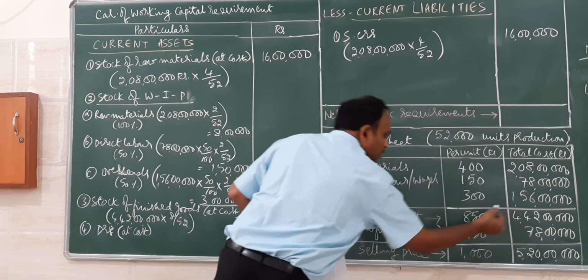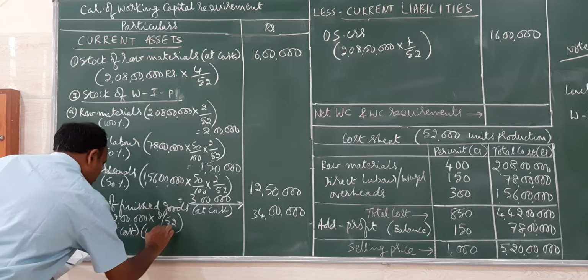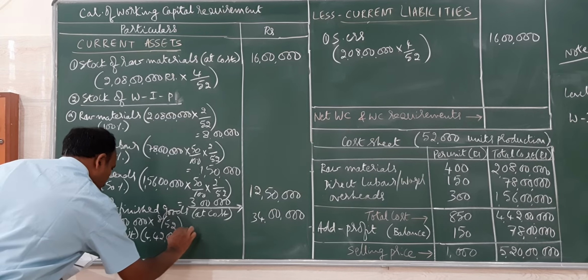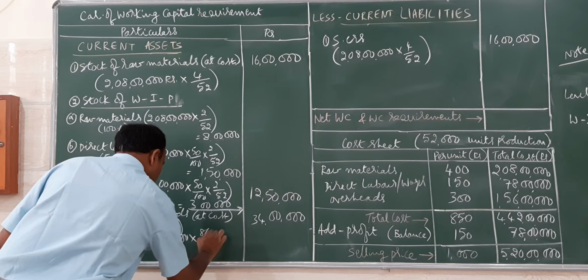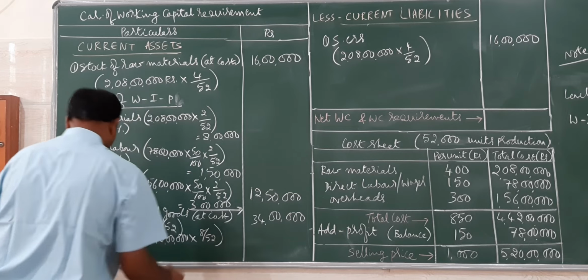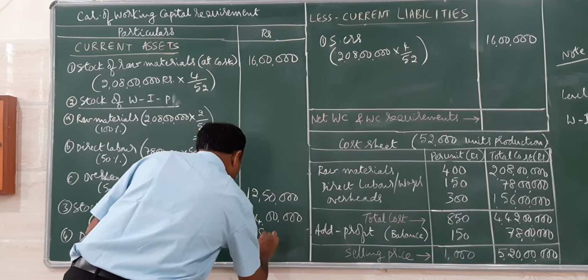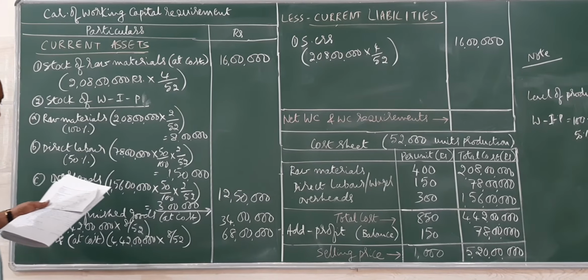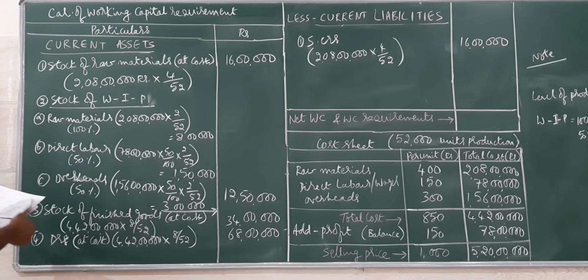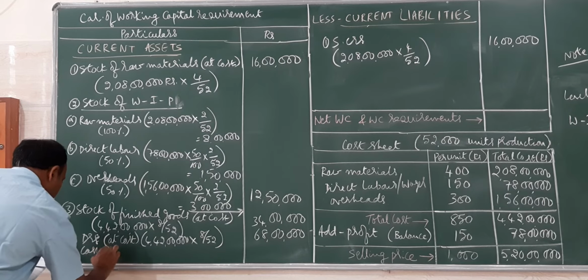Total cost is 4 crore 42 lakhs for 8 weeks. It comes to 68 lakhs. Next, cash at bank is expected to be 50,000, a current asset.